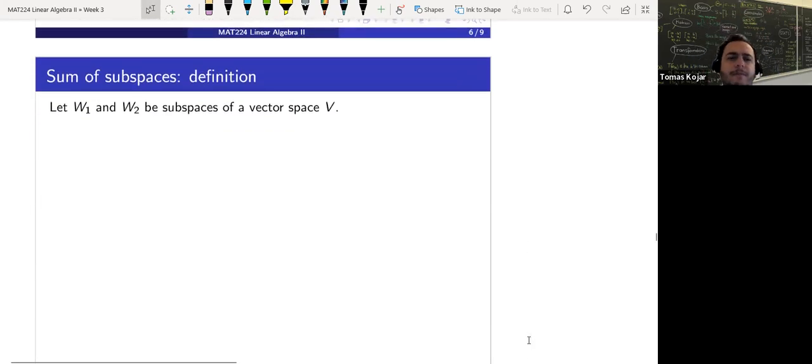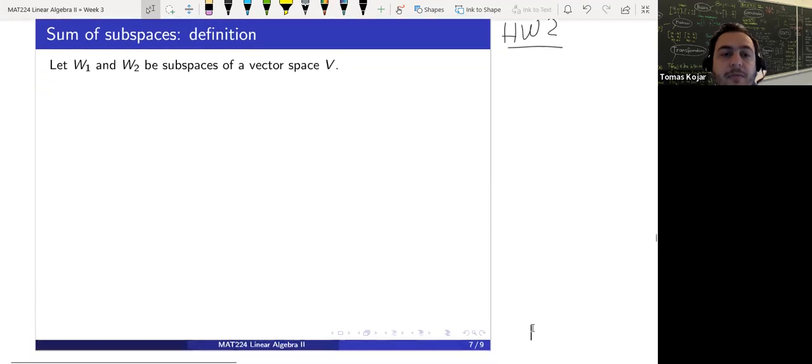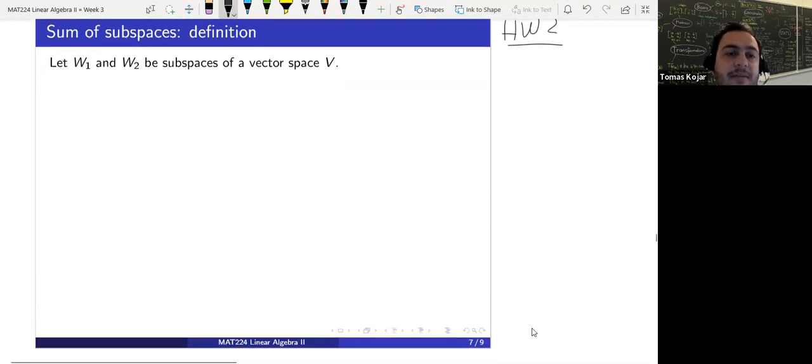All right, so this is a prelude for homework 2. In homework 2, we will explore some of the properties for this, but I thought I should at least talk about it so that you know what's going on. So we start with 2 subspaces, W1, W2. So they are vector spaces themselves.